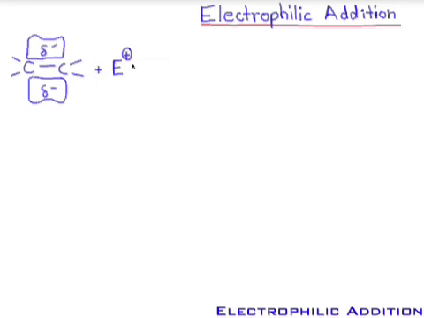The electrophile will attack, drawing the pi electrons, and when the molecule attaches with the E, it will pull the pi electrons away from this carbon, making this carbon electron deficient and now positively charged.